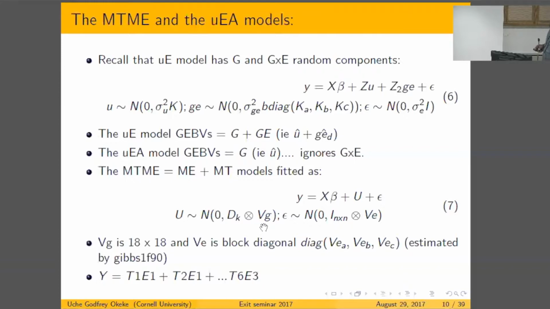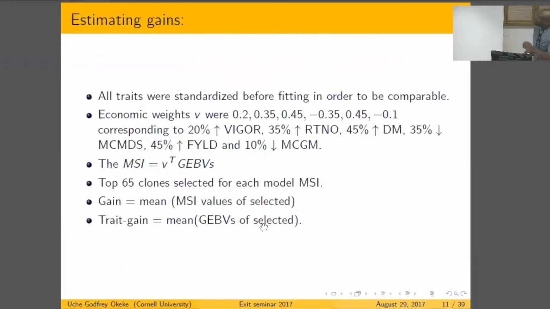But then in the error part, we just use the VE from the ME model, which allows traits to be correlated only in the specific environment where they are. This model is complex to fit. It was fit using the Gibbs sampling algorithm of BLUPF90.